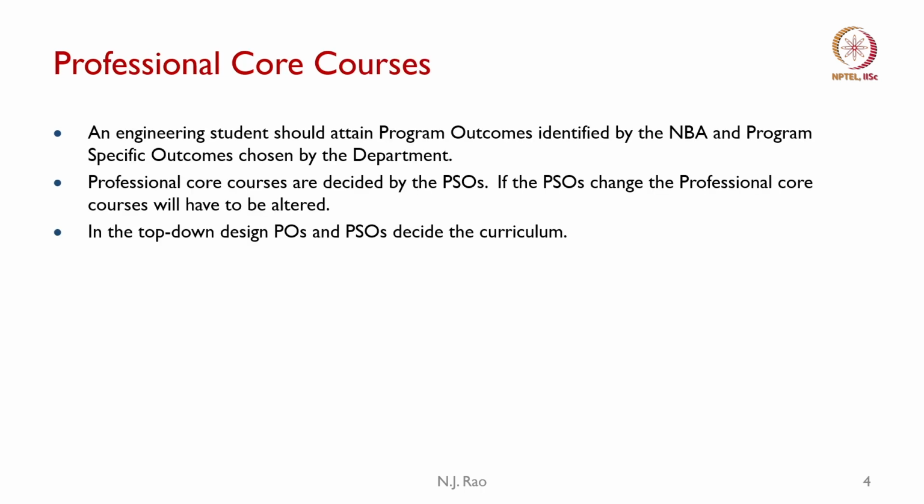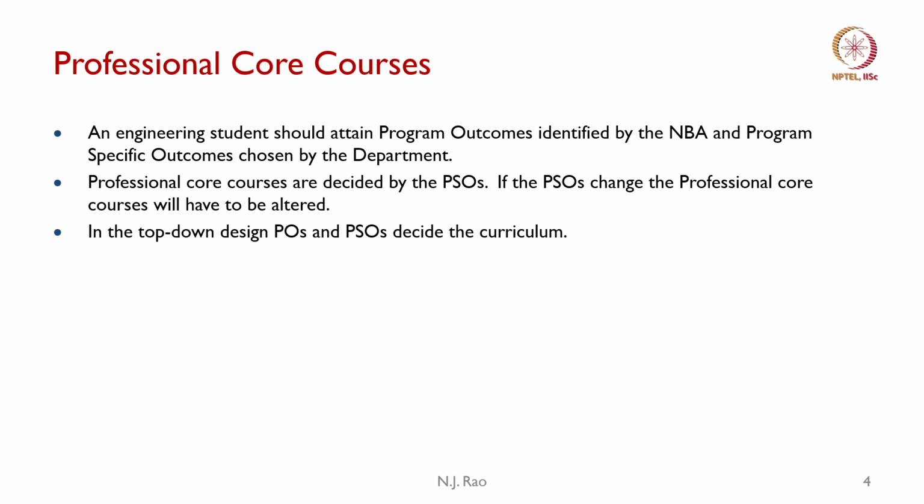The basic requirement is an engineering student should attain program outcomes identified by the NBA and program-specific outcomes chosen by the department. Professional core courses are decided by the PSOs, that is, program-specific outcomes.